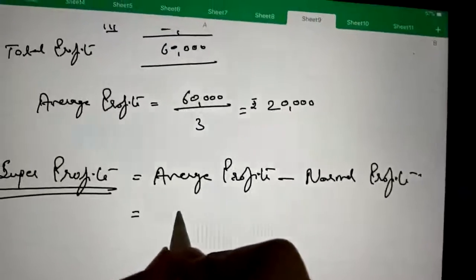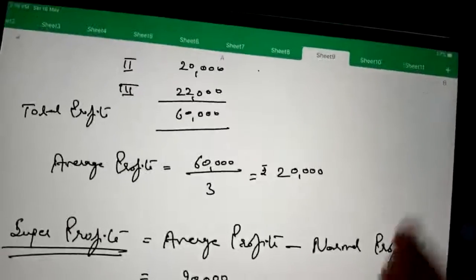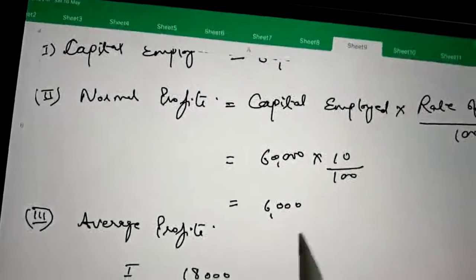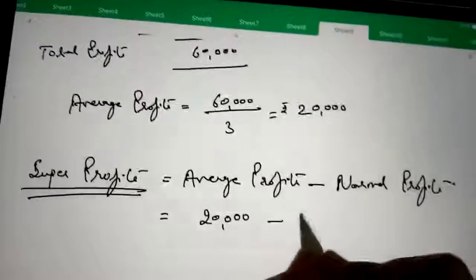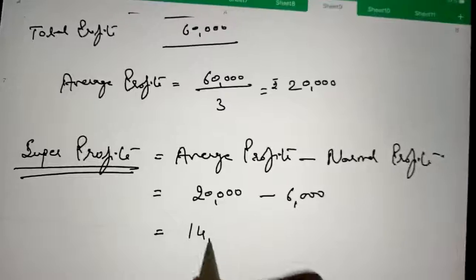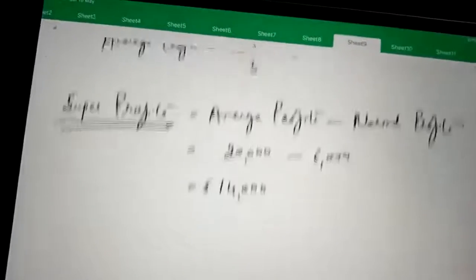Average profits we have calculated 20,000 and normal profits we have calculated as 6,000. 20,000 minus 6,000 is equal to 14,000, which is the amount of super profits.